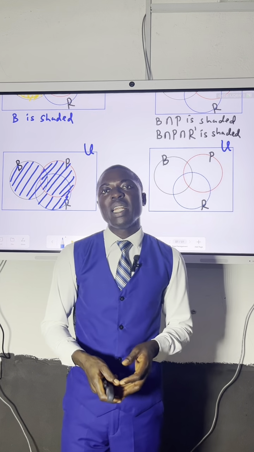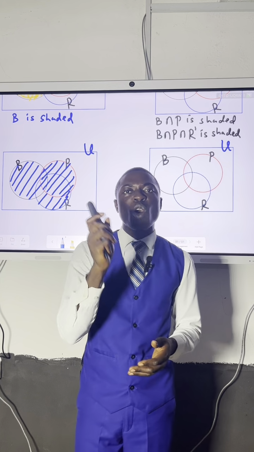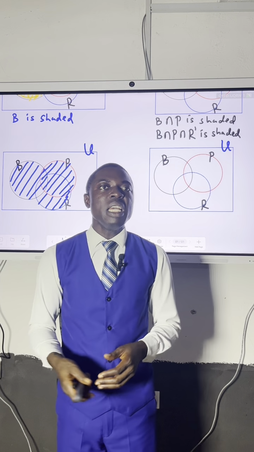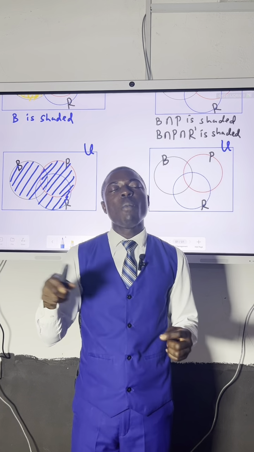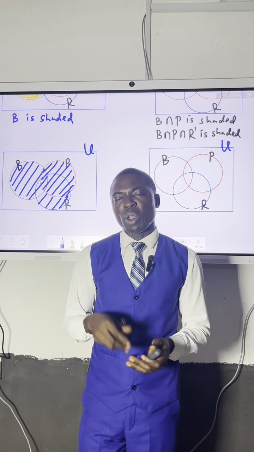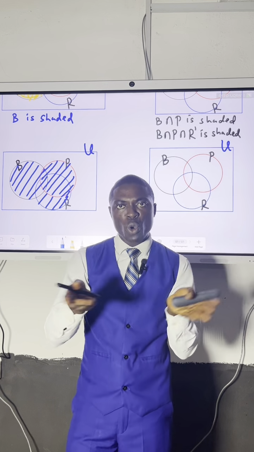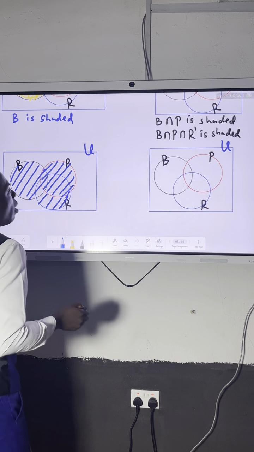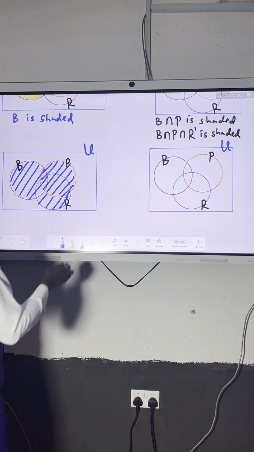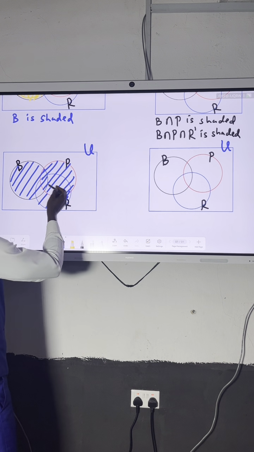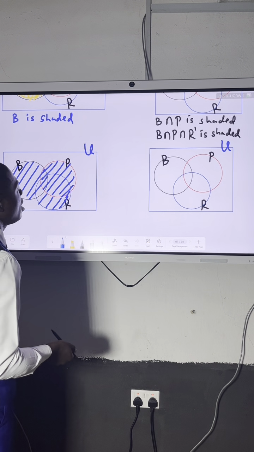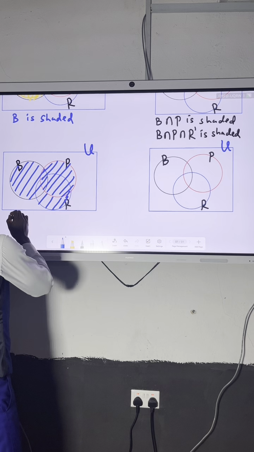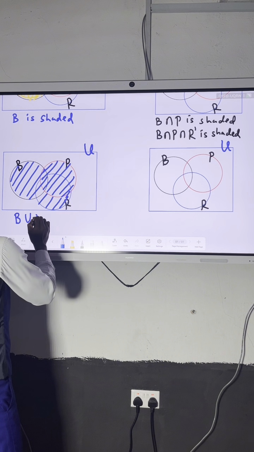Or the staff in your company may form a universal set, and the various departments become subsets of it. So the entire rectangle represents the universal set, while the three circles inside represent the three sets we are talking about.